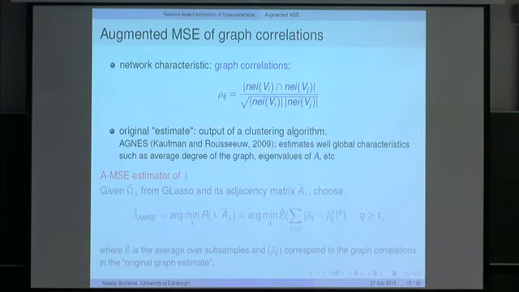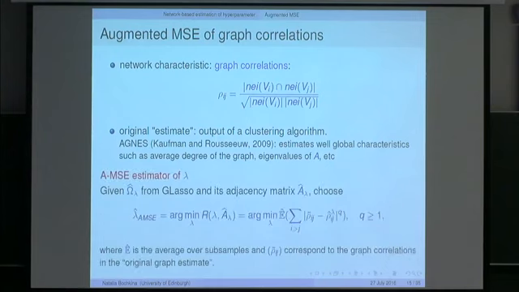And so the network characteristic we started with were, well, actually using our graph correlations. So that's the one I discussed before. And Andrea looked at a lot of clustering algorithms, and he found the one which seemed to do best in estimating global characteristics, for instance, mean geodesic distance, eigenvalues, and things like that.